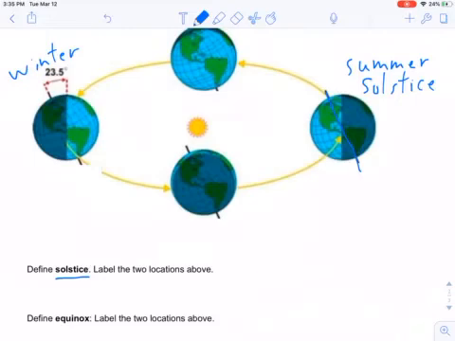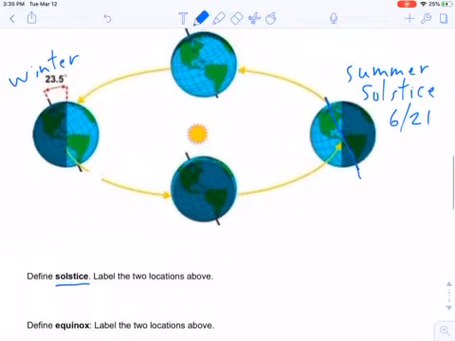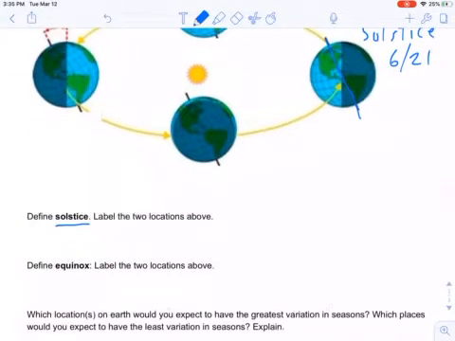And I didn't have you list which day that is, but this is usually around June 21st. And then define equinox. So these are the days of equal day and equal night.